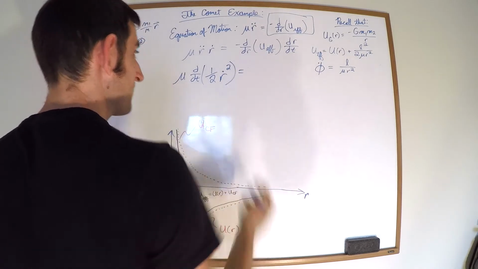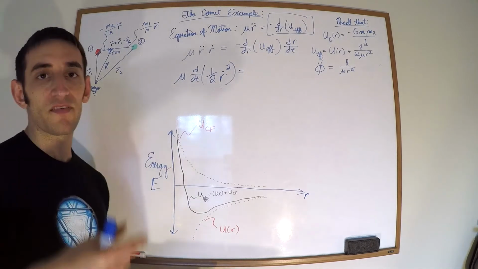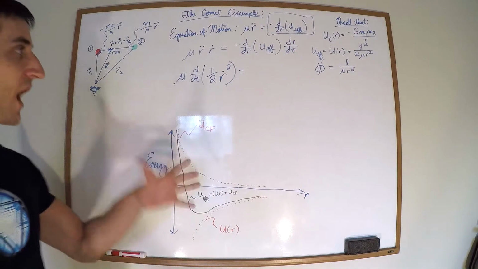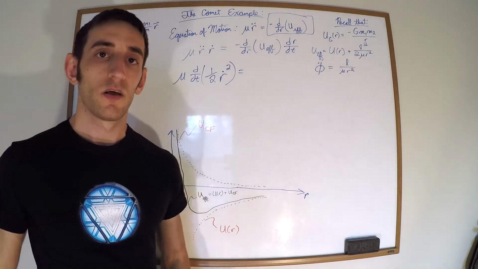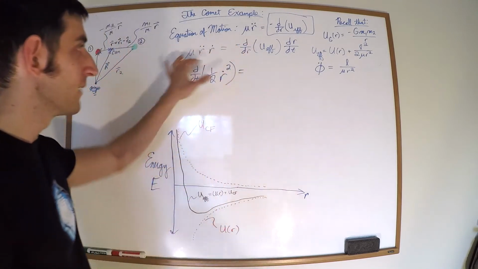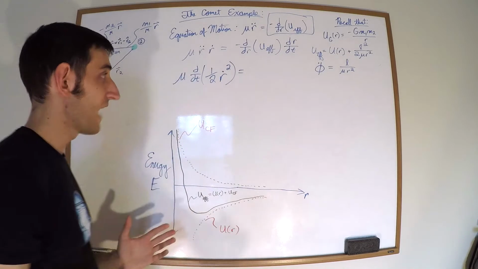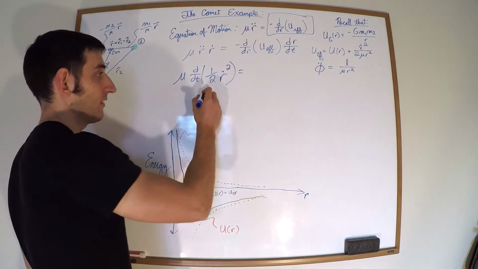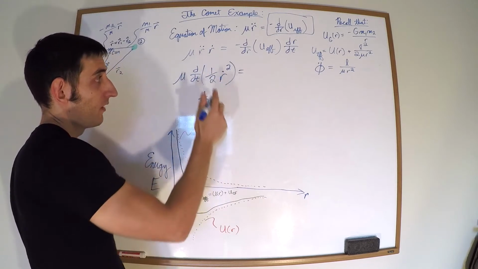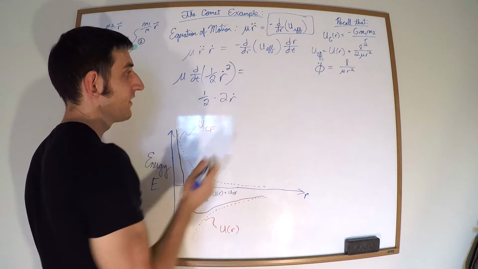So let's work with the left side first. Where did this come from? It's like I pulled this out of thin air, right? This is something that crops up quite often. Once you see it and understand it, you may be able to do a trick like this. The trick goes as follows. Let's just evaluate this. So this is 1/2, and we take the derivative of r dot squared, which gives 2 r dot.